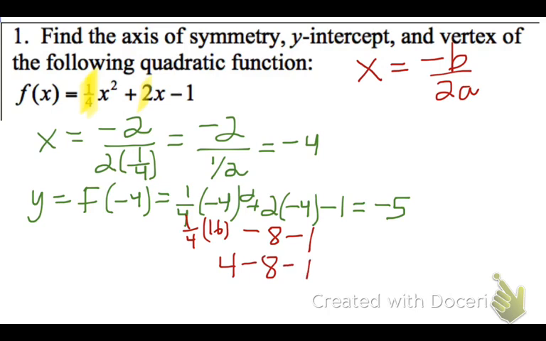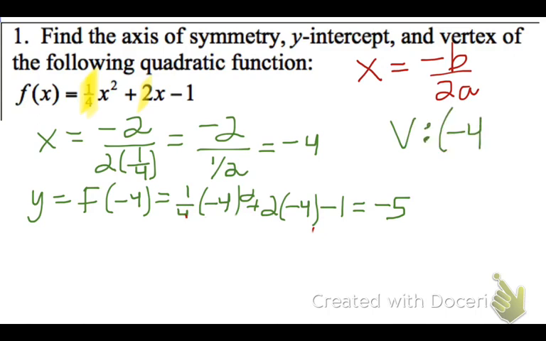Yeah, I think that's negative 5. So the coordinates of our vertex would be negative 4, comma, negative 5. Conveniently, the axis of symmetry equation is a vertical line, x equals negative 4.